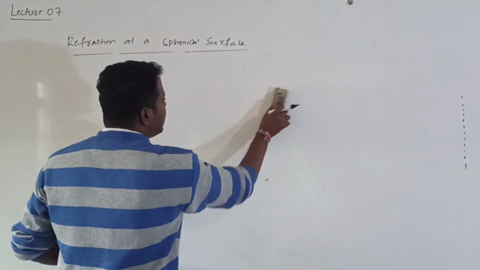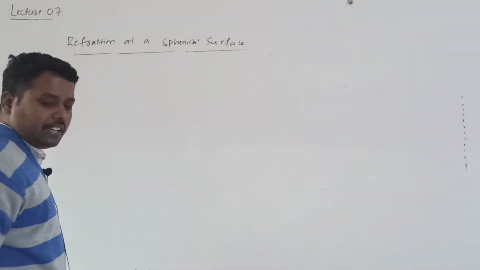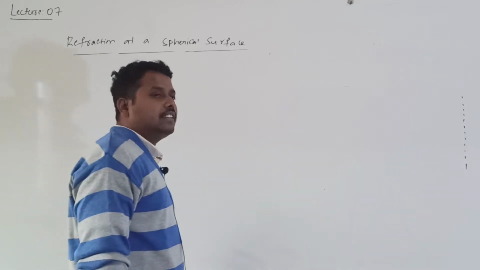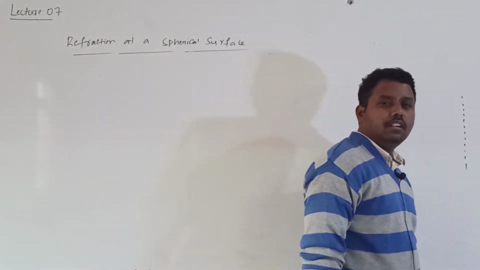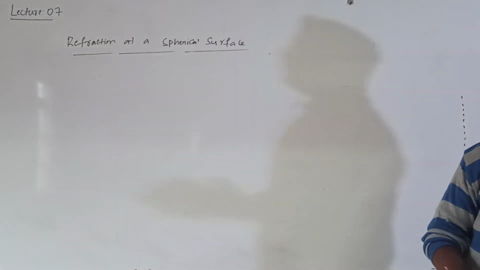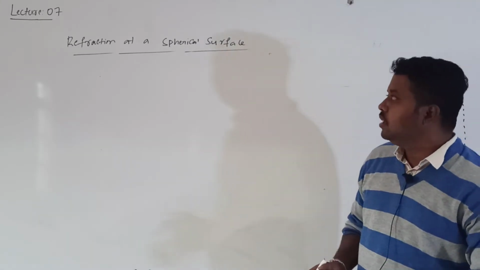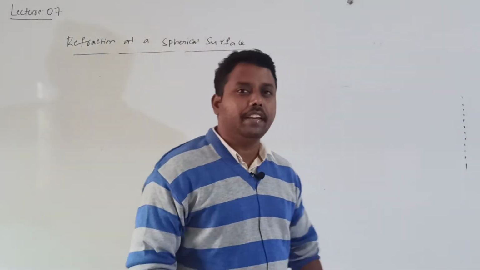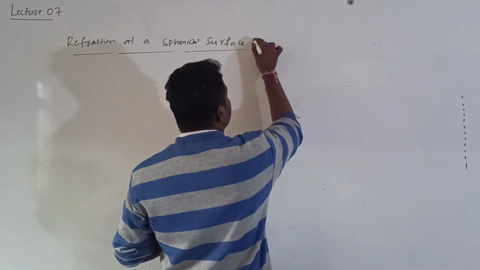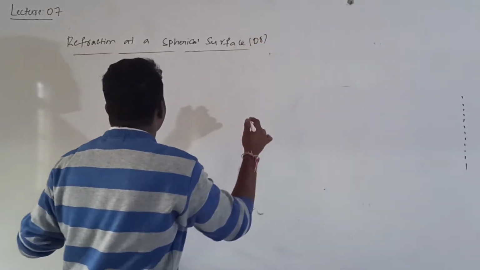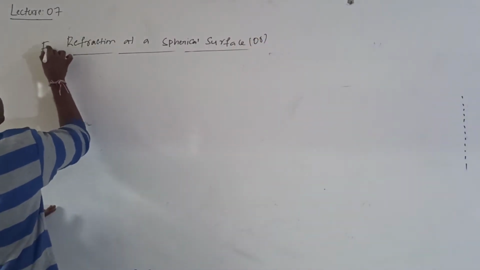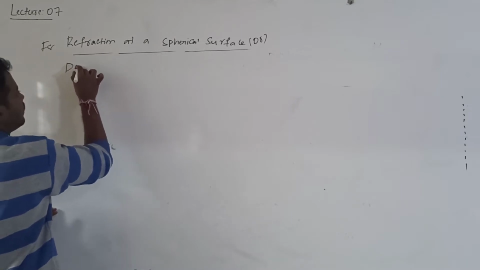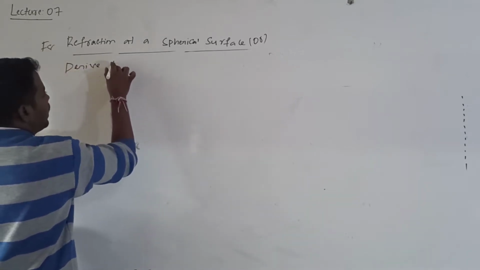Now, based on this refraction at a spherical surface, in today's class I will discuss one important derivation, a very important derivation for 5 marks. They will ask: for refraction at a spherical surface, derive a relation.